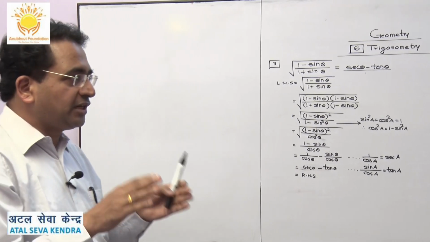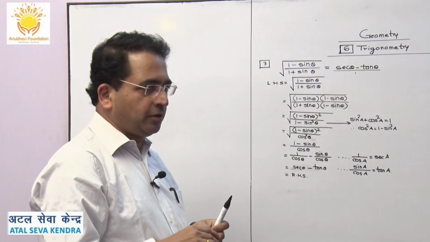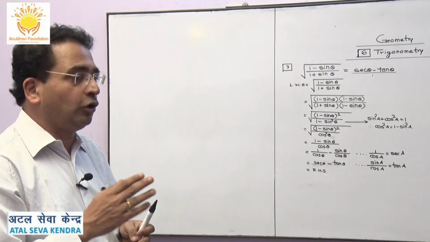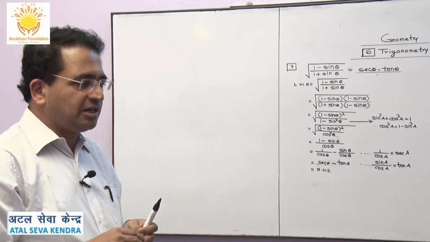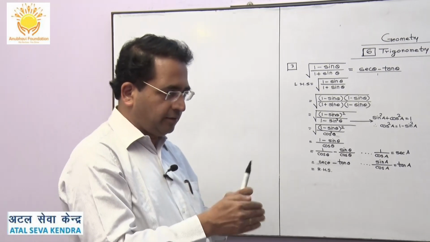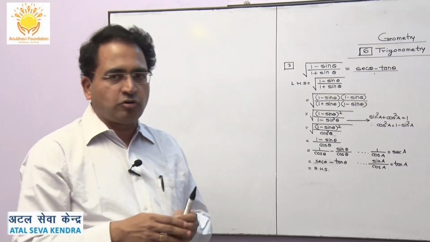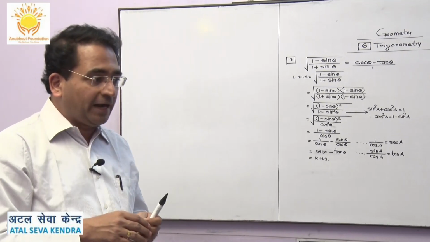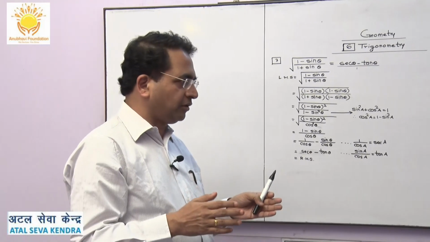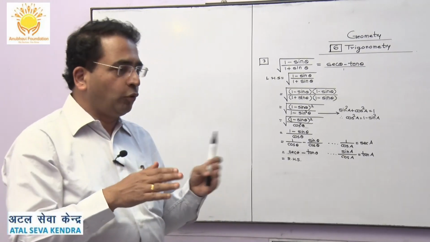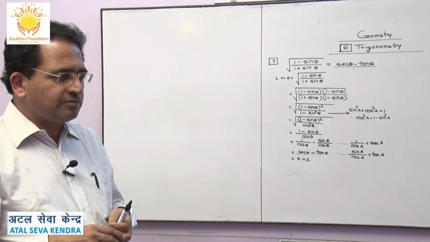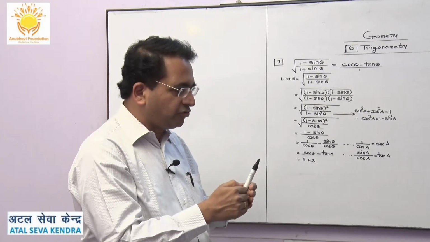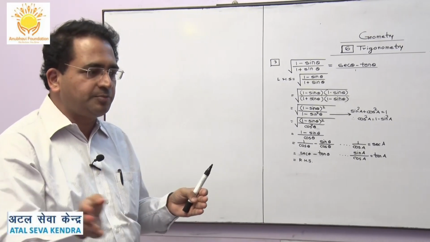See, suppose there are 25 questions in the paper, and if you know all 25, it's not that you should solve all 25, because then the paper will get over cut to cut. Suppose your geometry paper is of 2 hours. Those who are practicing in a full-fledged method know everything, and once they get the question paper, they start writing it with full speed.